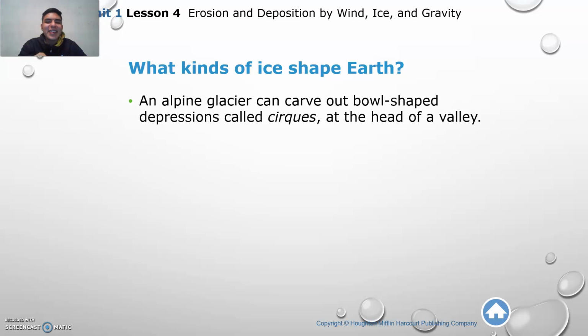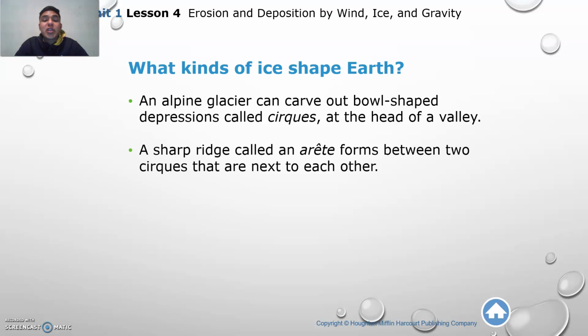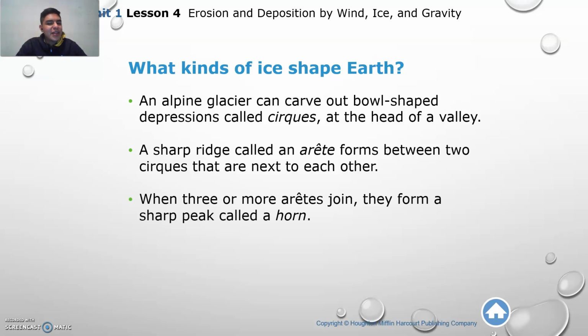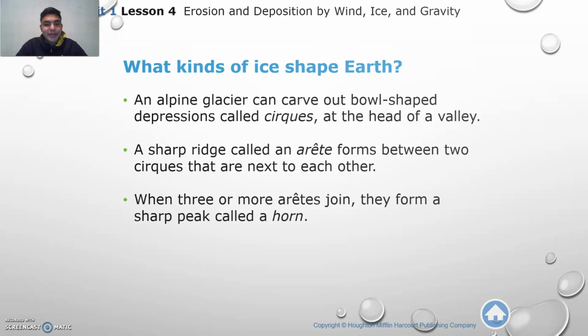This is a little complicated of a word, but it is cirques. And a sharp ridge called an arete forms between two cirques that are next to each other. Don't worry, we're going to take a look at a picture so we understand all of this information a little bit better. When three or more aretes join, they form a sharp peak called a horn.